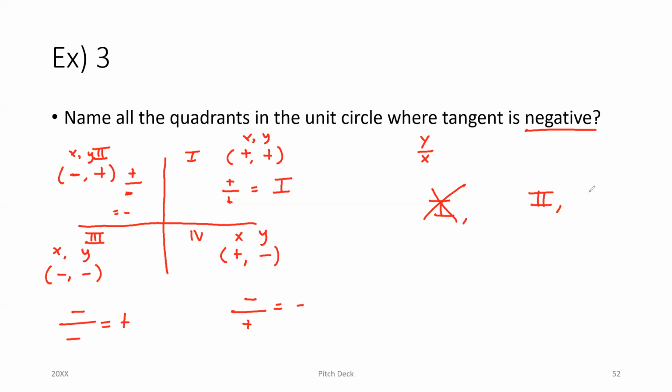So quadrant 2 and quadrant 4 are the only ones that give you a negative tangent. Okay, we will stop here and we will finish the others in another video.